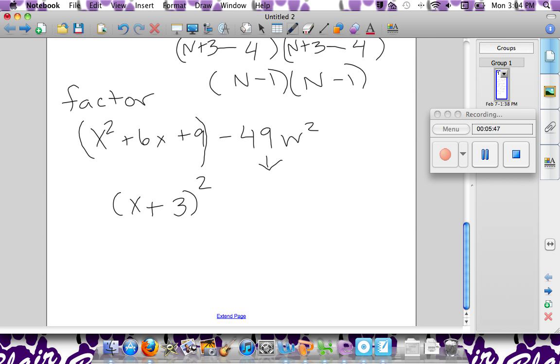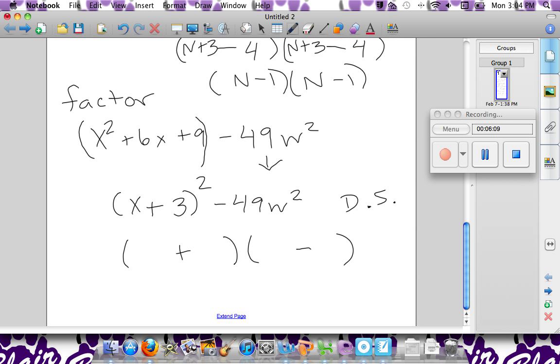Now I just drop down what I have left here, this negative 49w squared, and here I have a difference of squares. Another special one that we might see on the test. In a difference of squares, I know my signs are different. I take the square root of the first and the square root of the last.